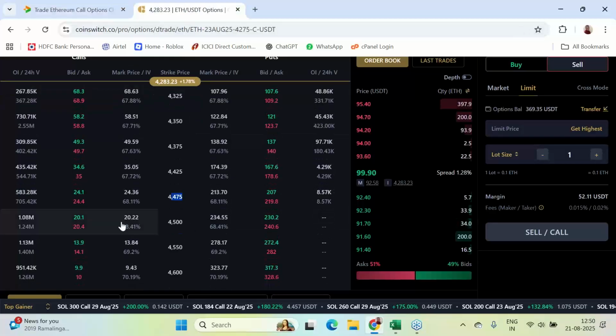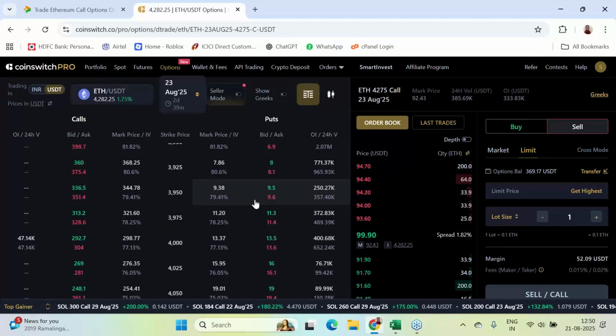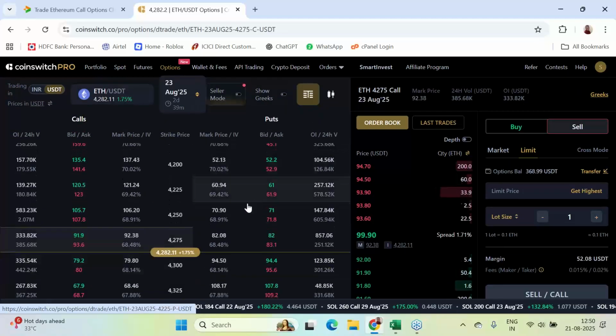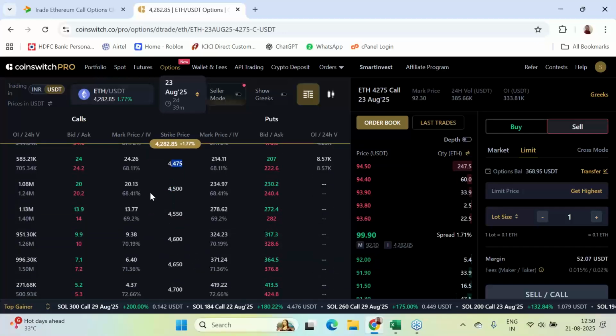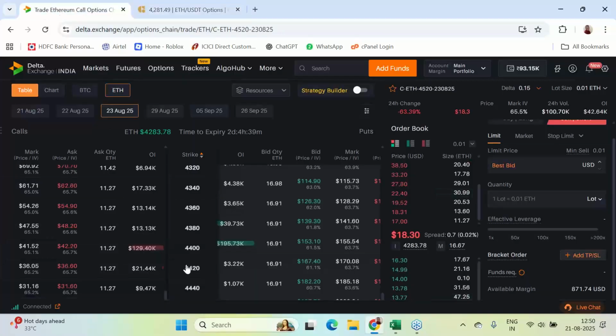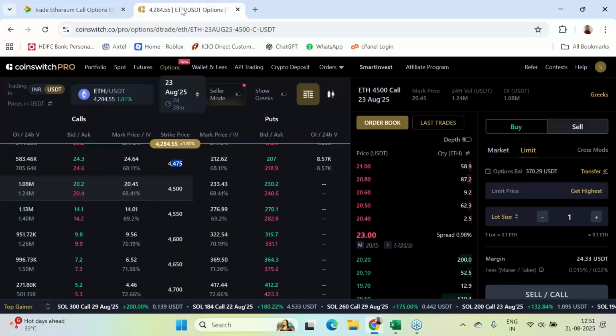And here 4,500 of the 23rd, so 500 I am getting at 20, and here there is no 500 strike for the 23rd, so I am getting the 520 strike at 17. The 23rd, today we are on the 21st, 22nd and 23rd, 2 more days are there. So this also you can do.